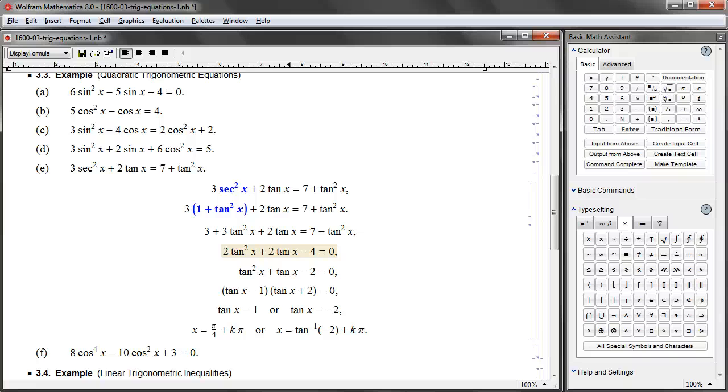Excuse me, that was not equality. It was meant to be -7. We needed equals to 0. I apologize. This 7 is flipped over to the left-hand side. We have -7. This tangent squared is flipped over to the left-hand side, so negative tangent squared. And consequently, we have equal to 0. In the previous expression, I somehow missed that equal to 0 part.